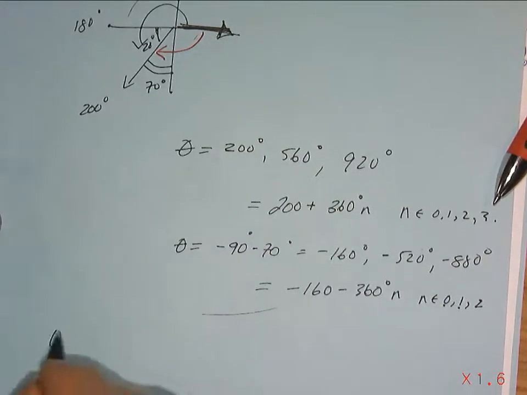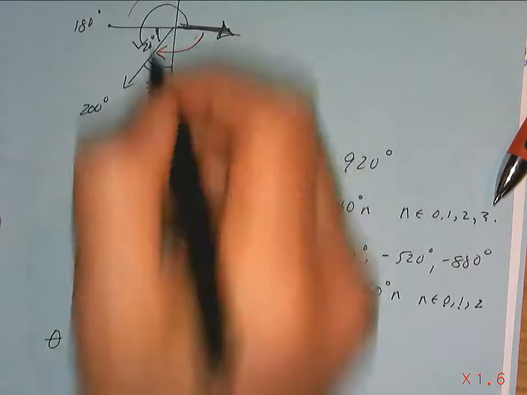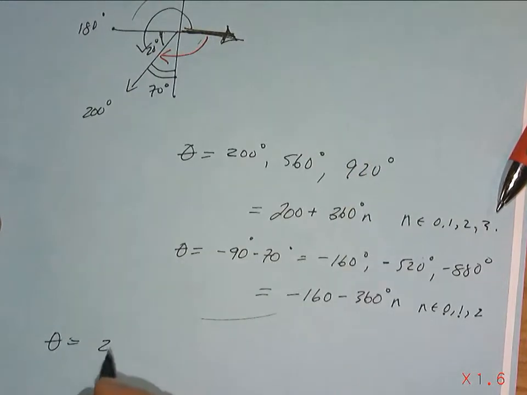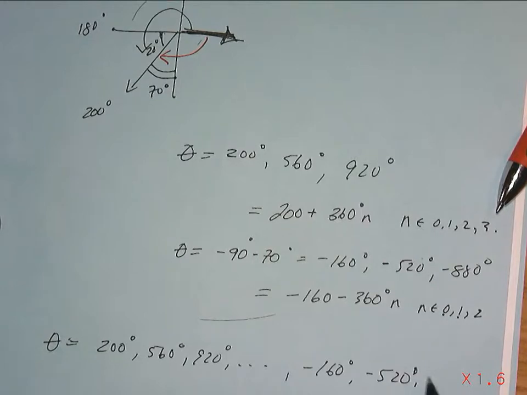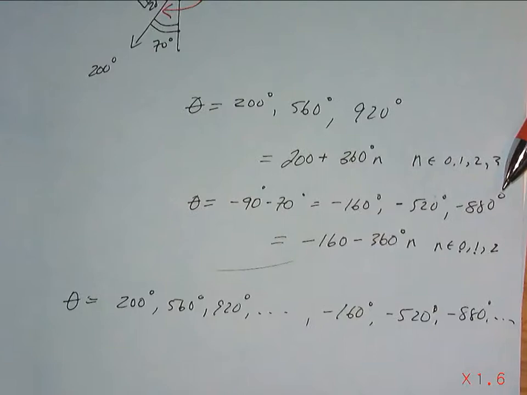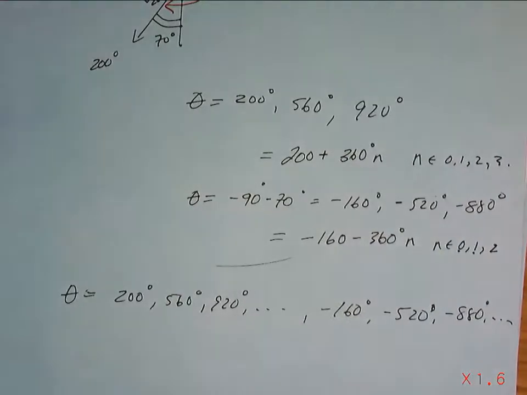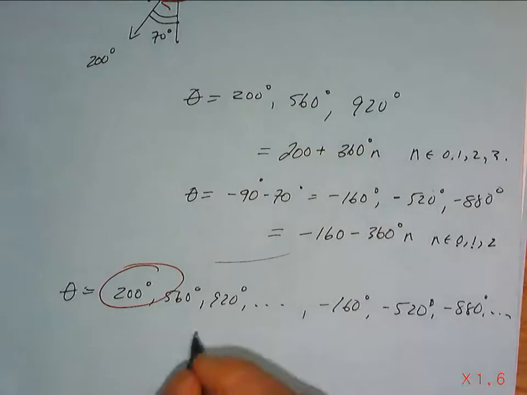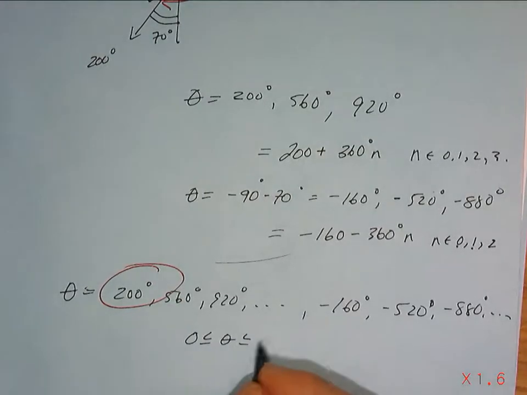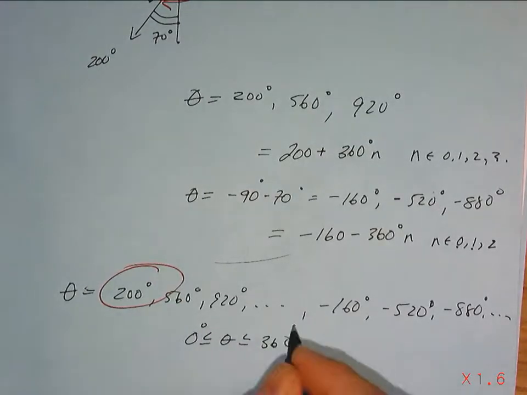To be able to go from here to here, on what I have listed, I have 200, 560, 920, and there's more. But we also have negative 160, negative 520, negative 880, and there's more. So we have one angle that we call the principal angle, and it is the smallest positive angle that goes between 0 and 360.